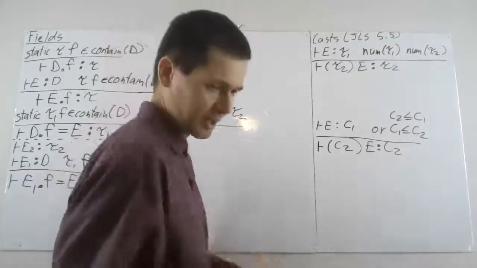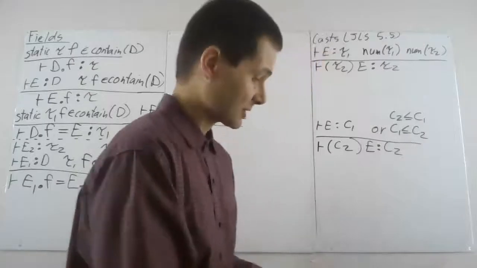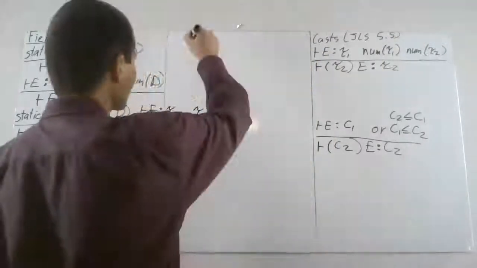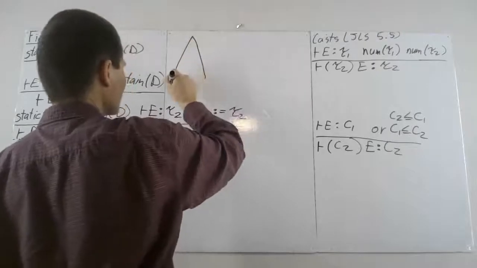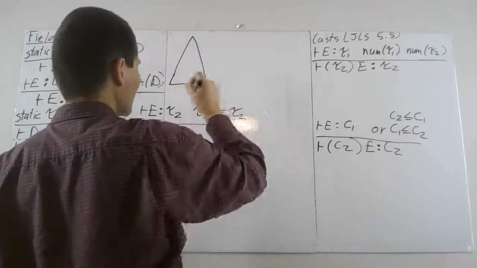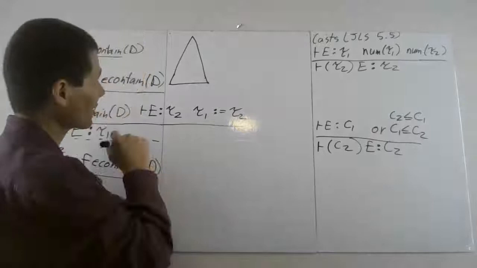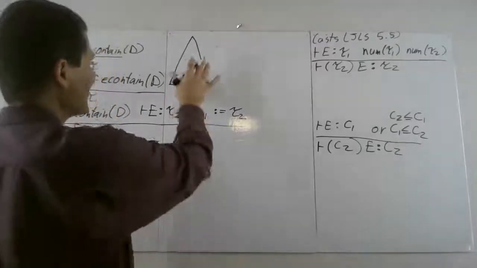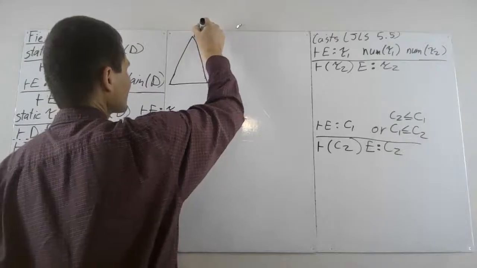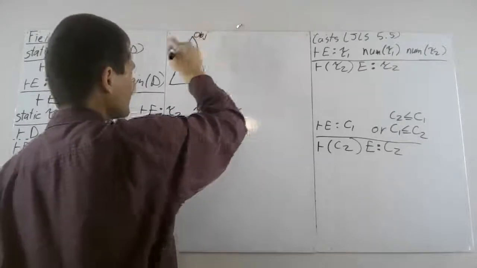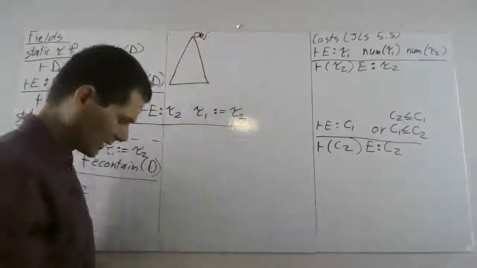I just want to draw these. If you think of the class hierarchy, and I like drawing triangles, we had triangles for parse trees. Now the triangle is the class hierarchy. You've got Object at the root, and then you have subclasses underneath.